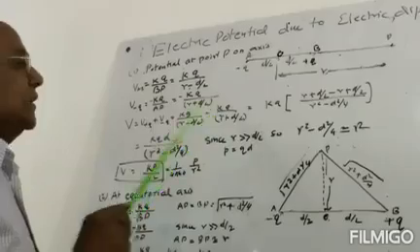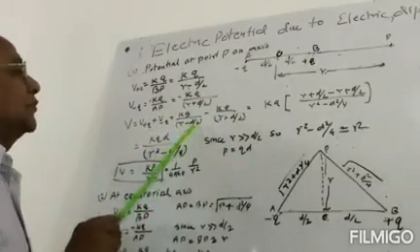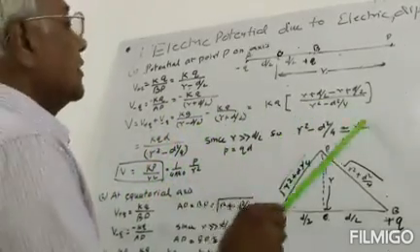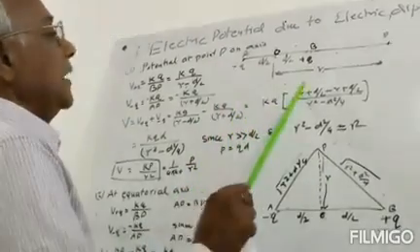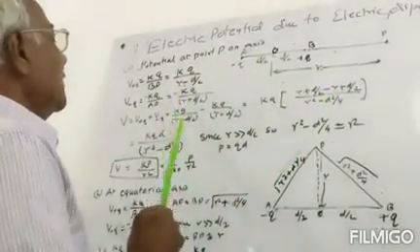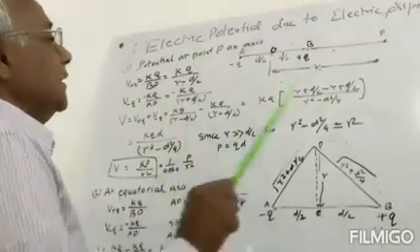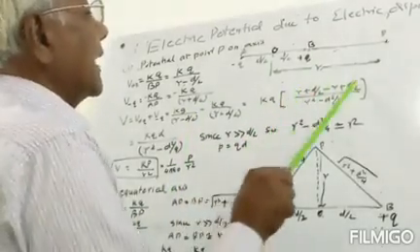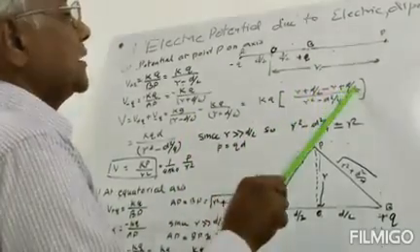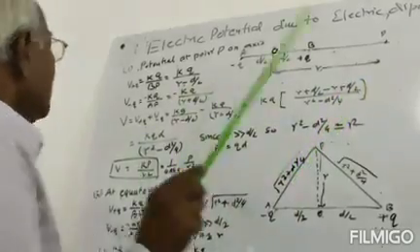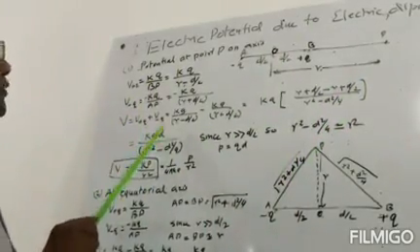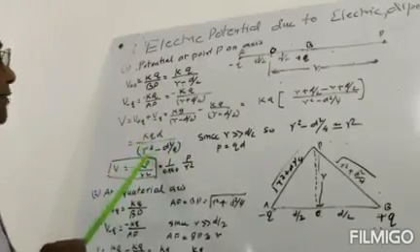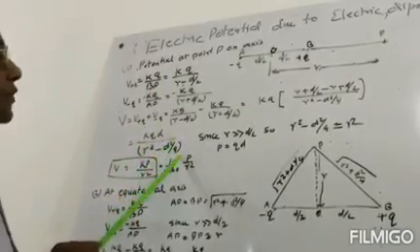Now we take the LCM, which will be r square minus d square by 4. So this will be kq times r plus d by 2 minus r plus d by 2. The r cancels, so d by 2 plus d by 2 will be equal to d. So the potential will be equal to kq into d divided by r square minus d square by 4.